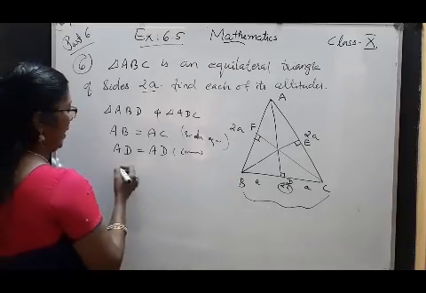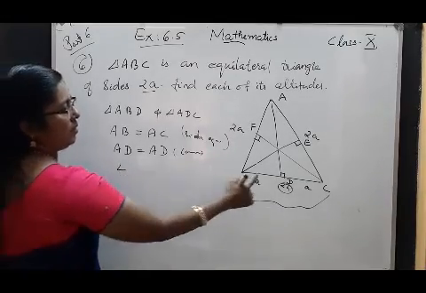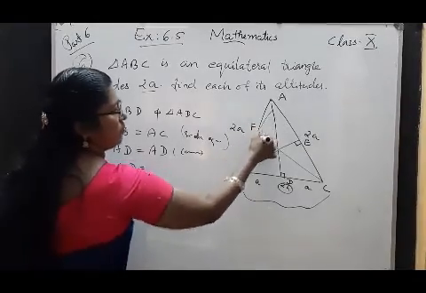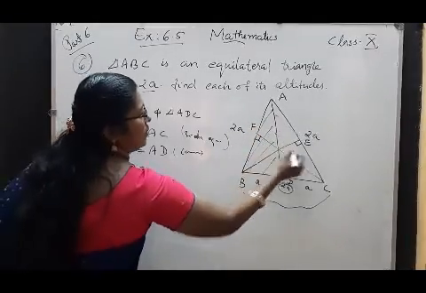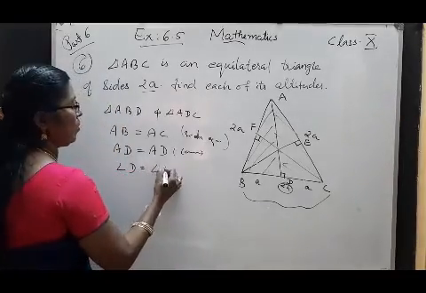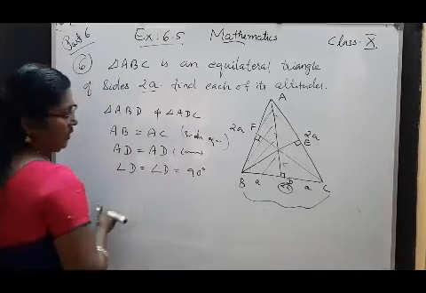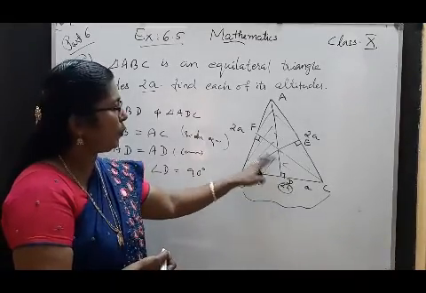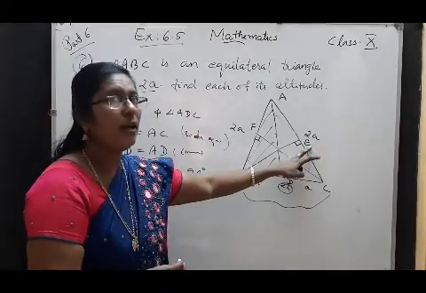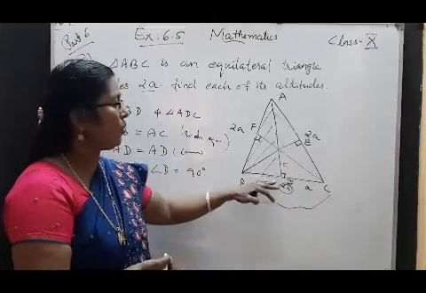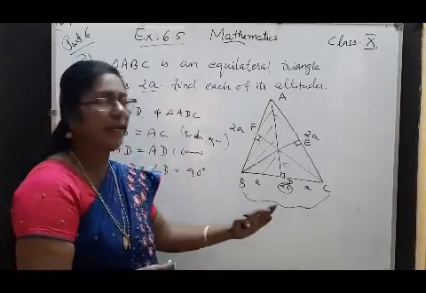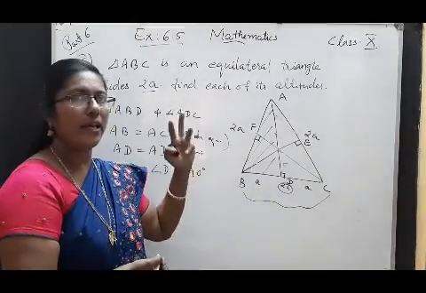Then angle D equals angle D, 90 degrees. Here, opposite to the 90 degree angle is the hypotenuse, and one of the sides is AD.